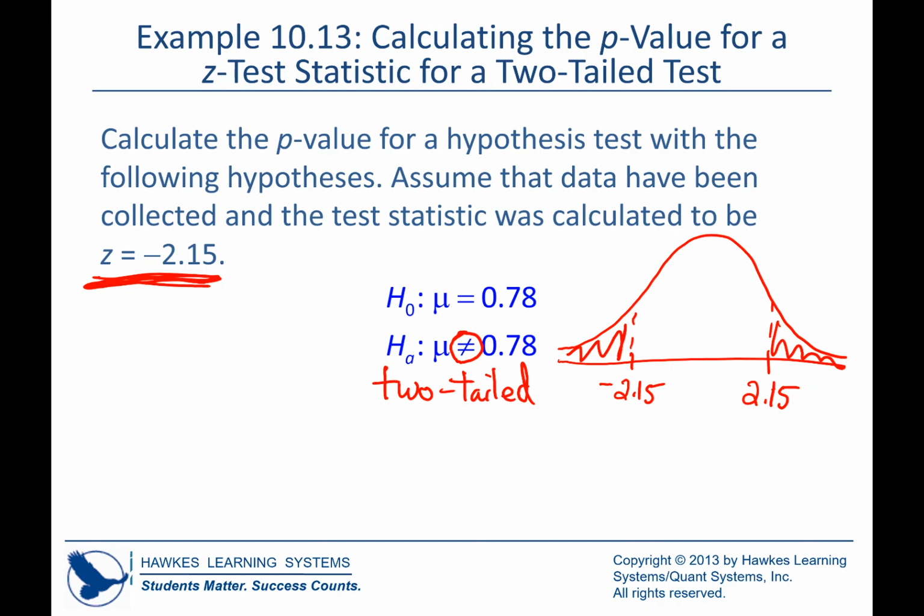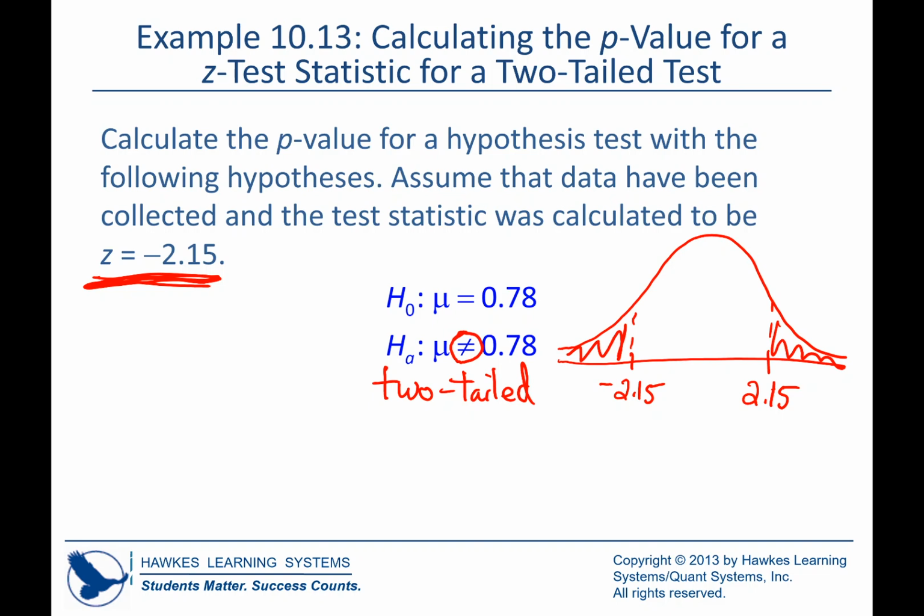So how can we get the area in both of those tails together? That's it. That's the short way. Because these are opposites and they'll always be opposites on a two-tailed test. That's why I took time to mention that comes up a lot, because on a two-tailed test, you're always going to have two z-values that are opposites of each other that we're concerned about.